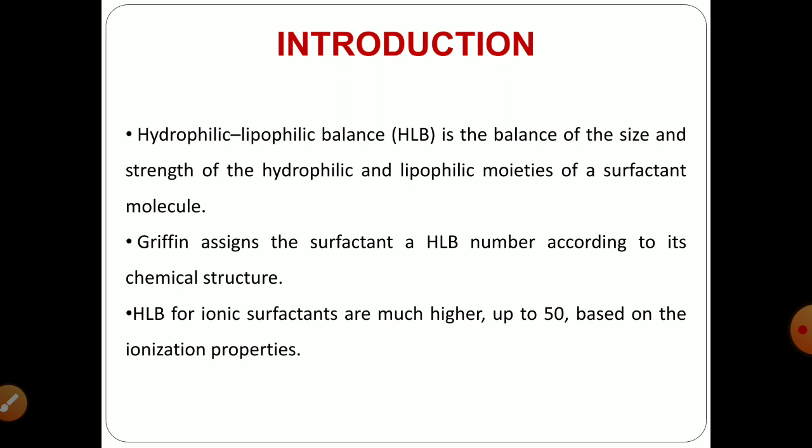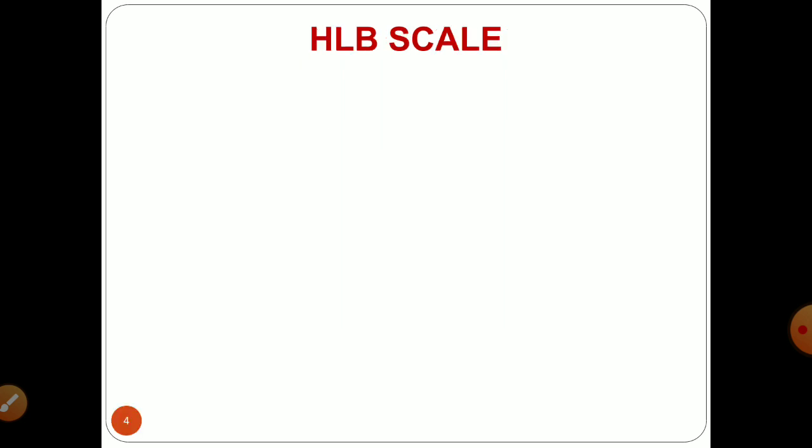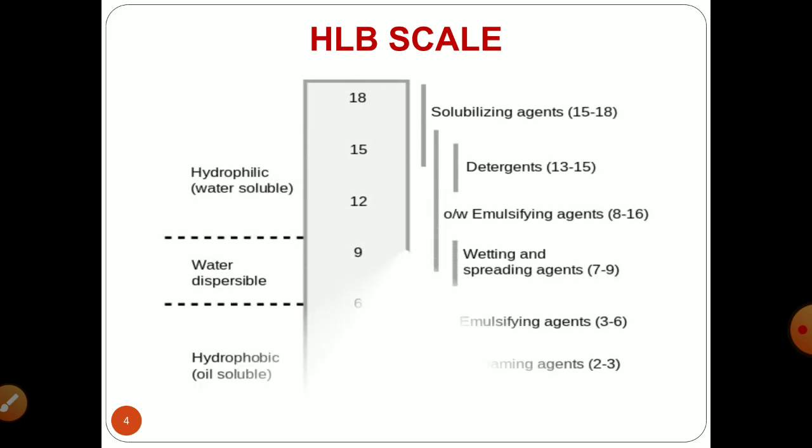The HLB value for ionic surfactants is much higher, nearly up to 50, based on their ionization properties. This HLB number ranges from 0 to 20, perhaps higher. A higher surfactant HLB value indicates more hydrophilicity of that particular material, and a lower HLB value indicates lipophilicity of the material. This is the HLB scale.